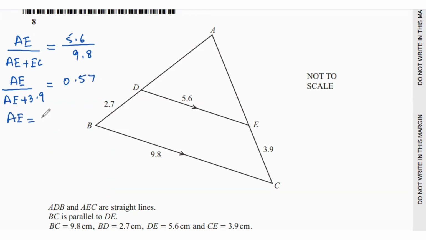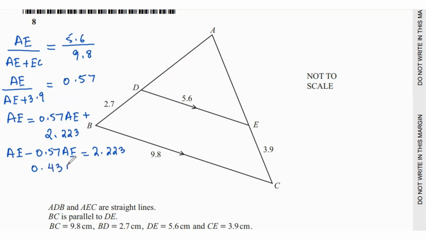AE equals 0.57 AE plus 2.223. So AE minus 0.57 AE equals 2.223, which is equal to 0.43 AE again.